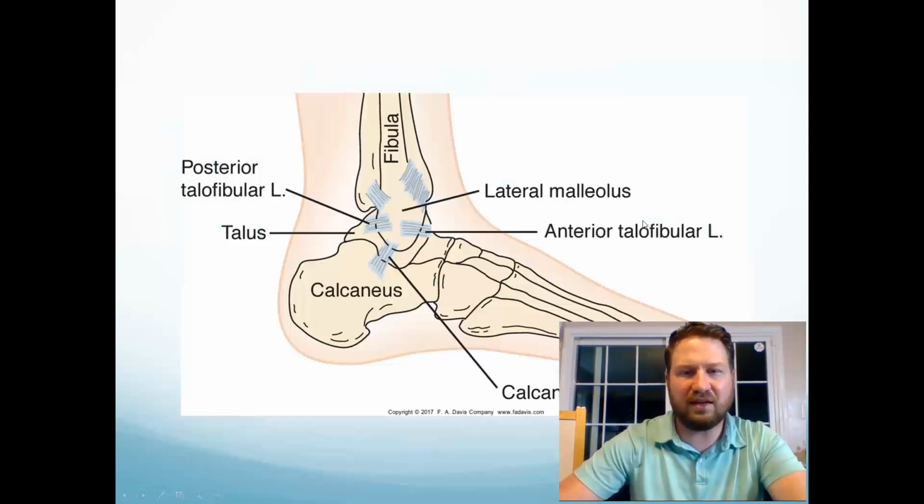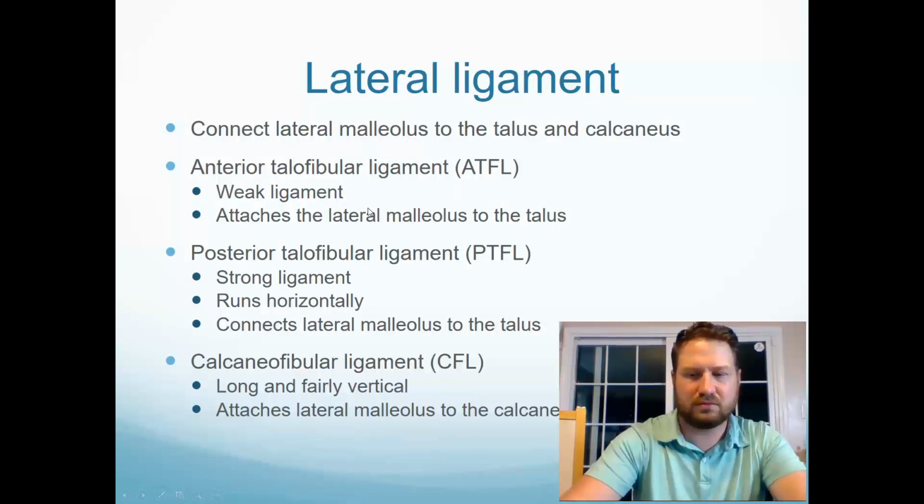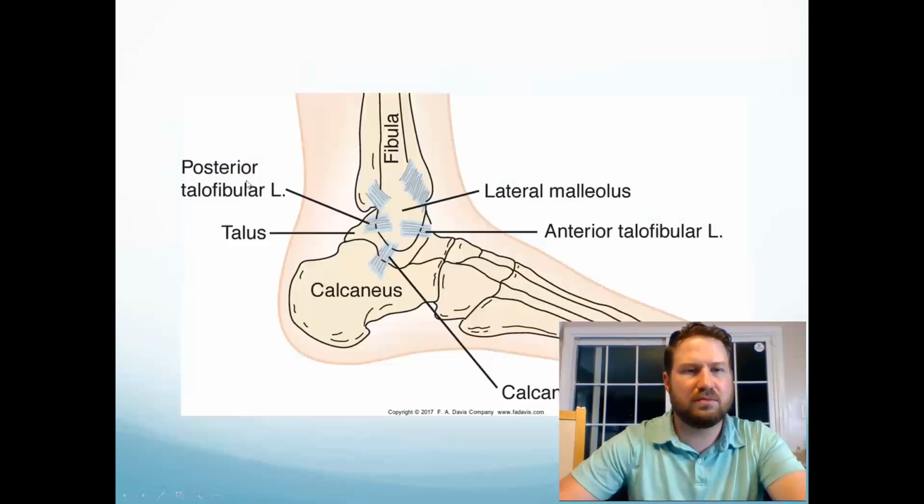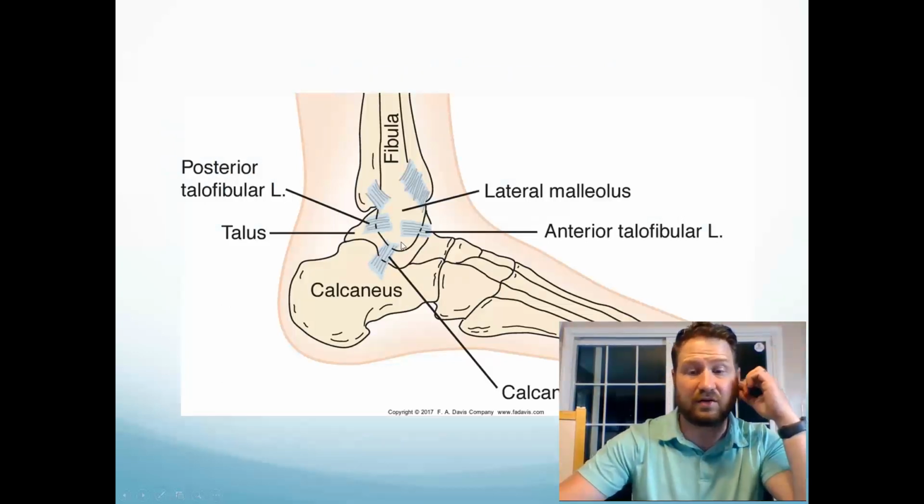So we have our ATFL up front, our CFL in the middle, and then our PTFL running posterior. And these small ligaments are going to protect us against a lateral ankle sprain.